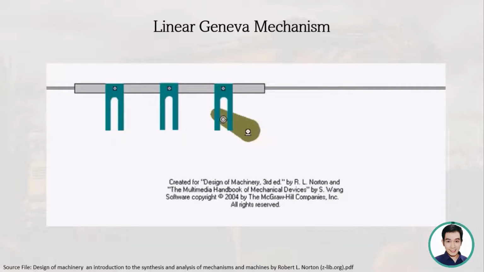Each of these is considered intermittent motion because it is not a continuous motion, but there is a series of motion, stop, motion, and stop. So it's considered as intermittent motion. You can find that in actual application, this kind of mechanism is very applicable in practice.